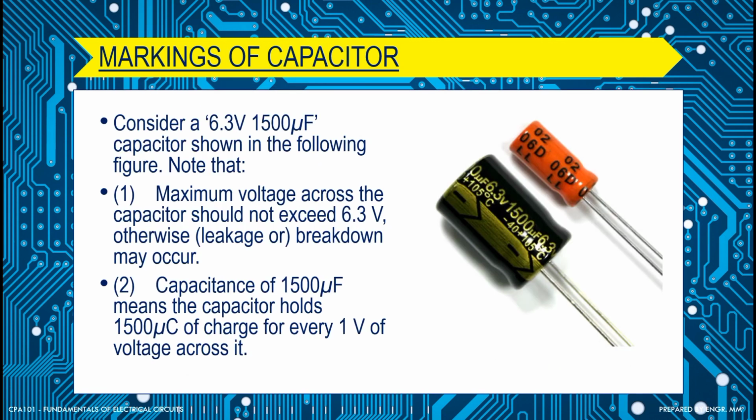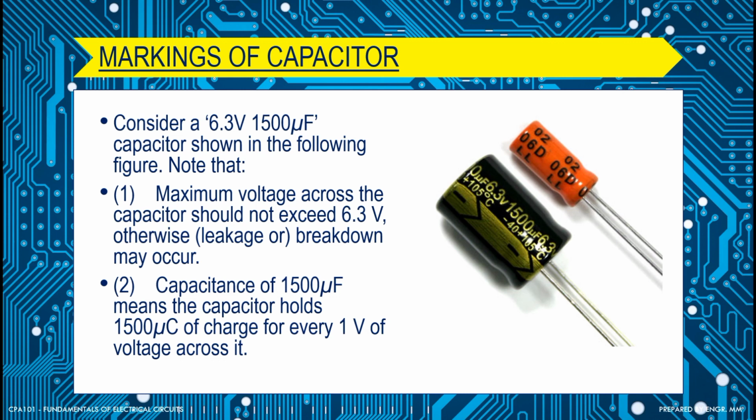Now we have some markings of capacitors. Consider a 6.3 volts, 1500 microfarad capacitor. The maximum voltage across the capacitor should not exceed 6.3 volts. Otherwise, leakage or breakdown may occur.